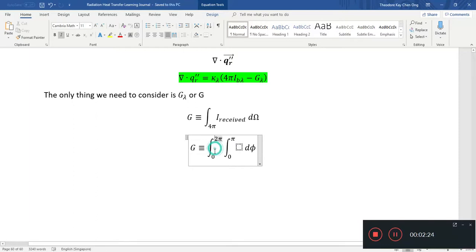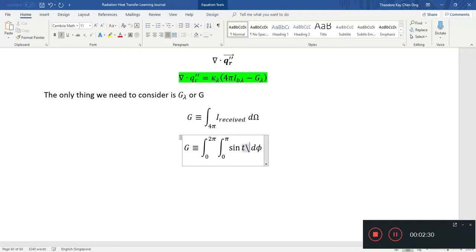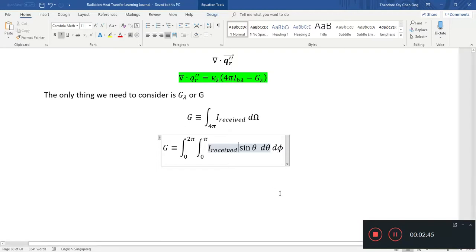So this is the azimuthal angle, which is phi, and then we need a sine theta d theta, and this is the polar angle rather than the azimuthal angle. So I received will be here. Okay, this is by definition, right? By definition it is this amount.